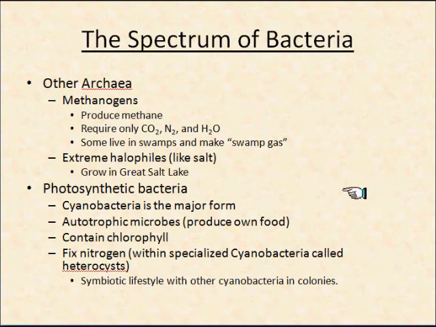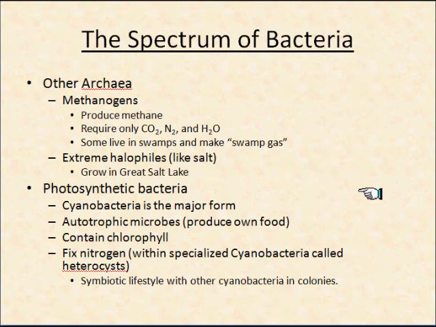There are extreme halophiles. These are organisms that like to live in salty waters, such as in the Great Salt Lake. We also see photosynthetic bacteria, which are not part of the archaea. This is a different group. Photosynthetic bacteria include the cyanobacteria, which is a major form. They're autotrophic, that is, they produce their own food.